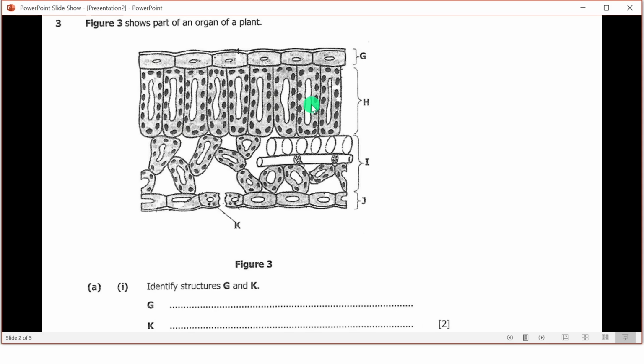Because of these two combined, being directly under the epidermis to receive direct light, and having palisade cells with a lot of chloroplasts, you expect region H to have the highest rate of photosynthesis.